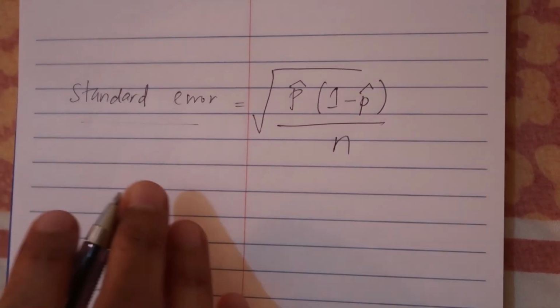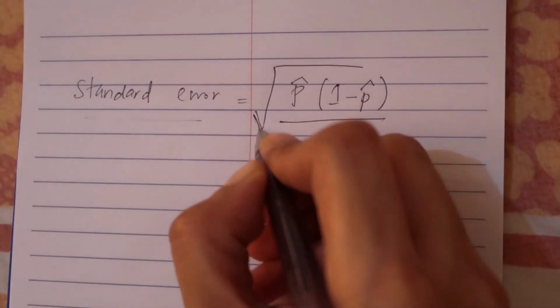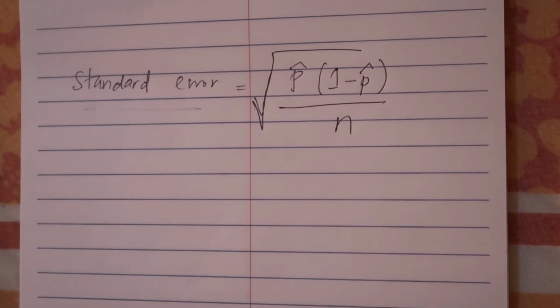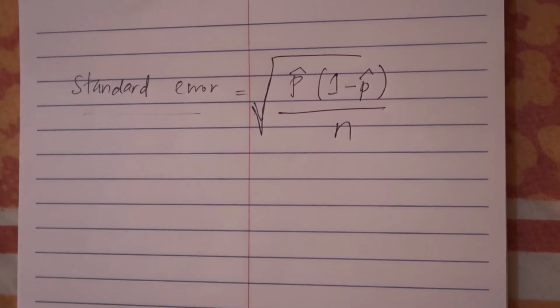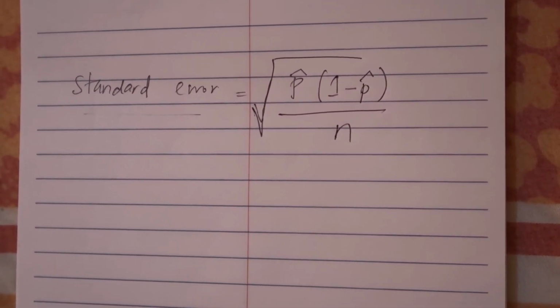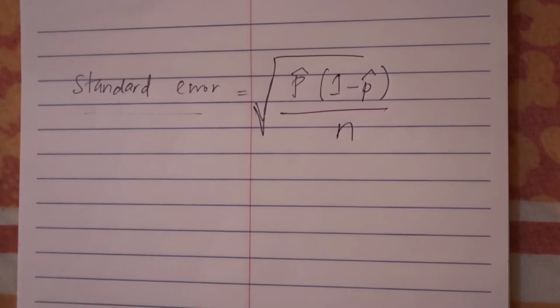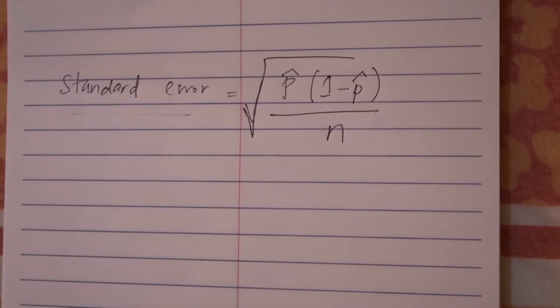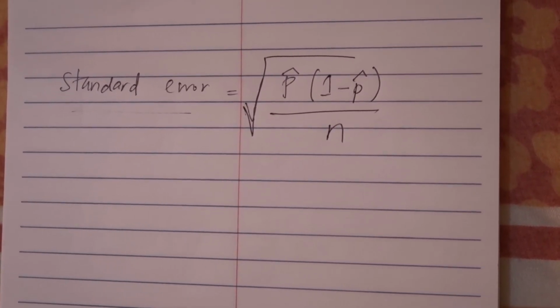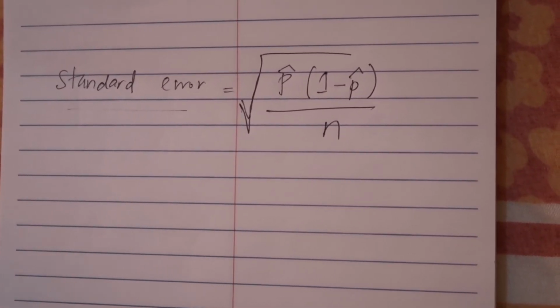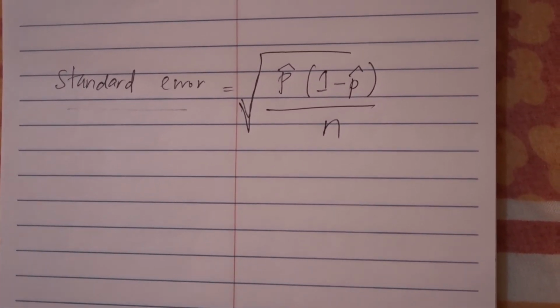With a sufficient sample size n, the sampling distribution of the sample proportion could be approximated by the standard normal distribution based on the central limit theorem. Again, we're talking about a sample.